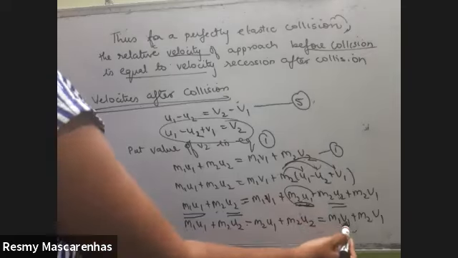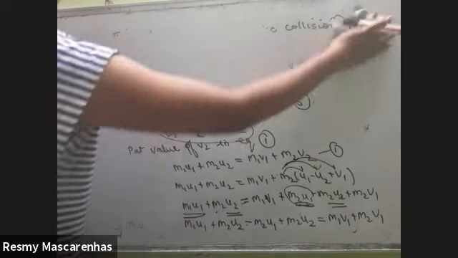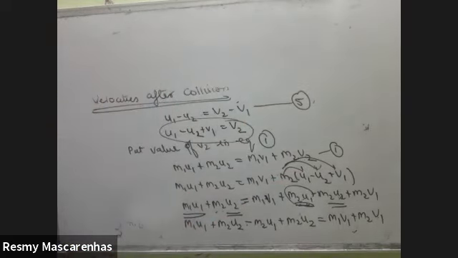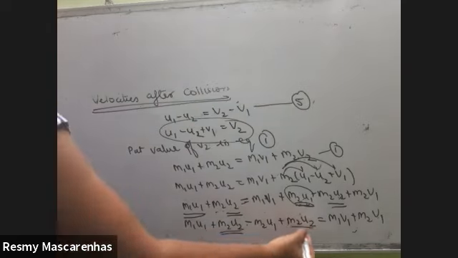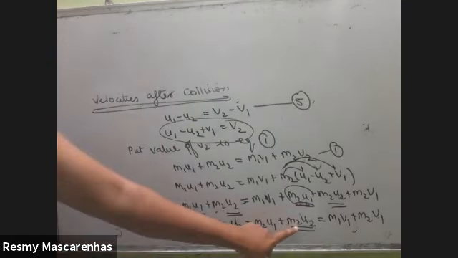Now over here what is common? V1 is common, so you can take V1 common there. Before that, what I can do is, I will notice these two terms are same.